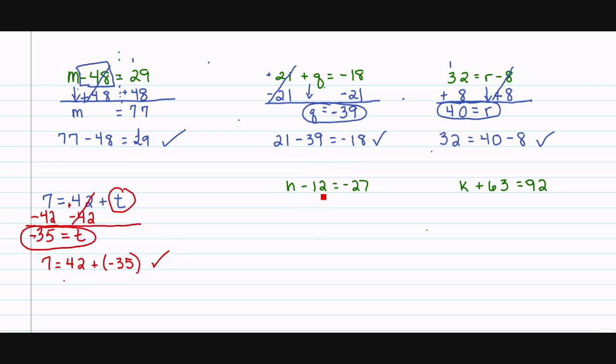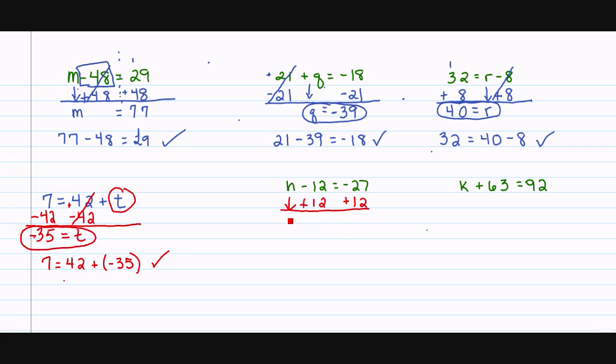I have n minus 12. I need to get the n all by itself by isolating it, and therefore I need to move the negative 12 over to the other side. The best way to do that is, what's the opposite of a negative 12? Positive 12. And what I do to one side, I do to the other side.